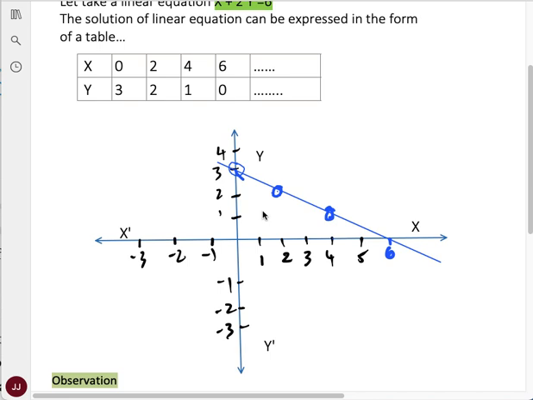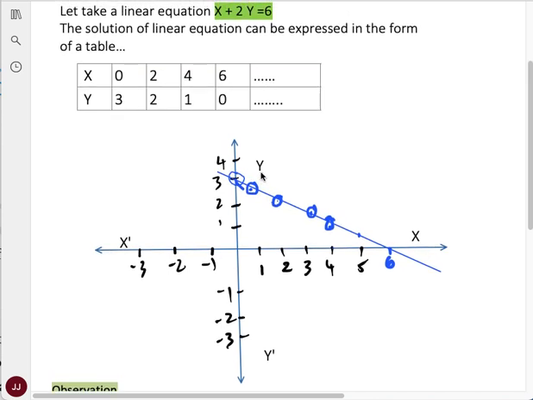So our points 0 comma 3, 2 comma 2, 4 comma 1, 6 comma 0 lie on the graph paper, and it's on a straight line. So if you take any point on this line and apply those values in our equation, x plus 2y is equal to 6, then it will satisfy the equation.